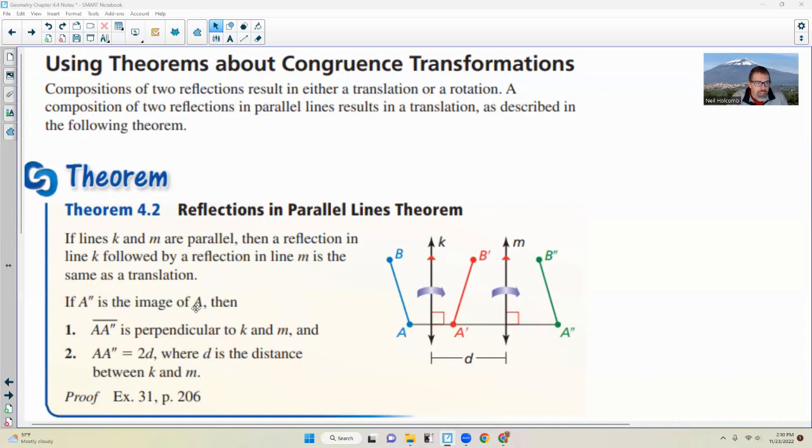So if A prime is the image of A, then segment A to A prime, this black segment, is perpendicular to lines K and M, and the length of the segment from A to A double prime is 2 times the distance between the 2 parallel lines. Okay, which is kind of neat. So that's what we'll be dealing with next.